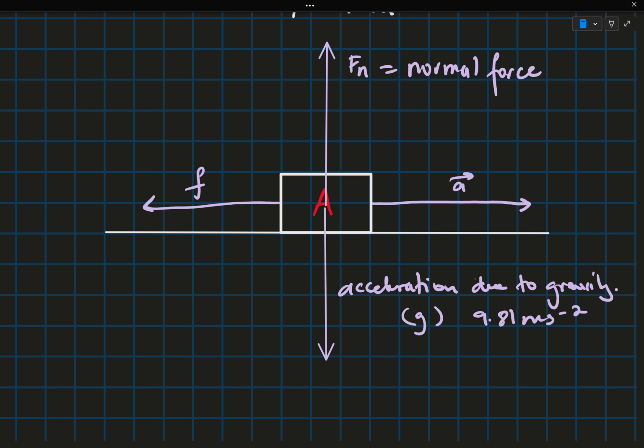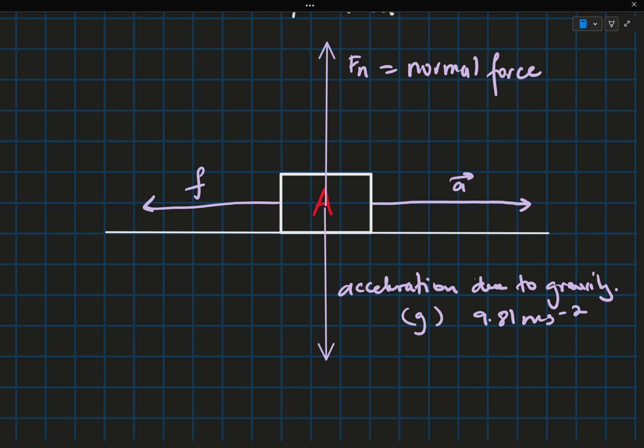If the body is static, then we're going to have static friction. If the body is already in motion or dynamic equilibrium, we're going to have kinetic friction. But I didn't see any hints in the syllabus where it asks us to differentiate between static and kinetic friction, so we're just going to name it friction. So we have a resistive force there.